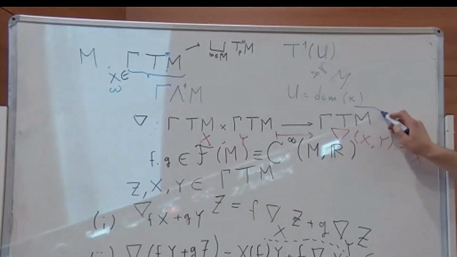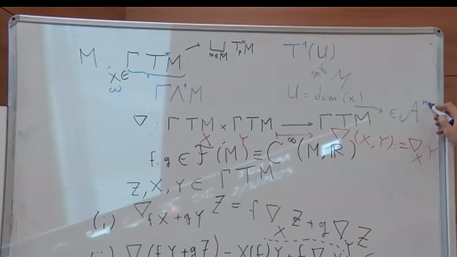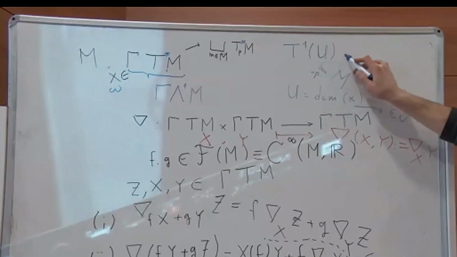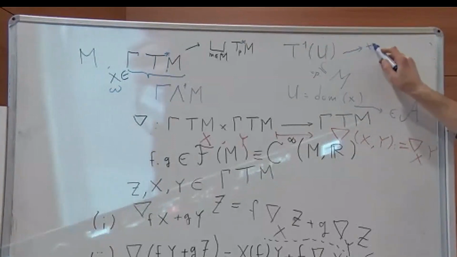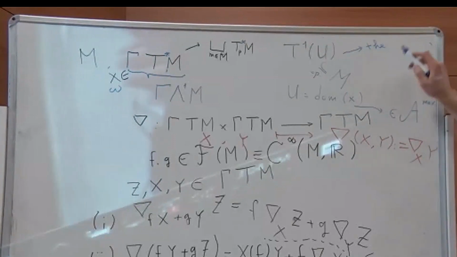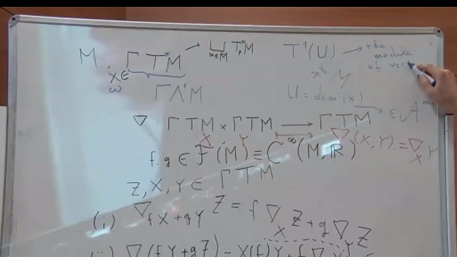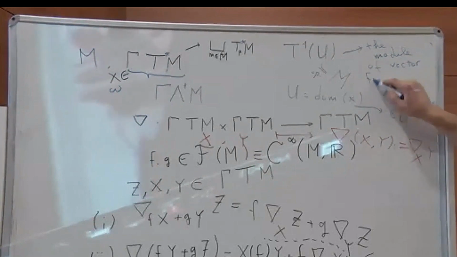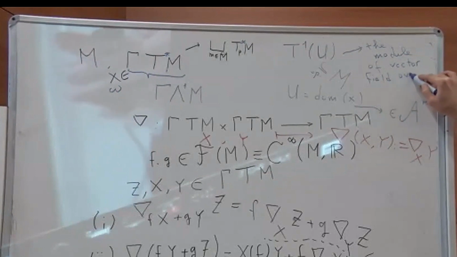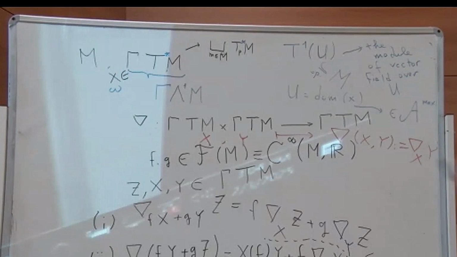This is an element of the maximal atlas. Then this is the module of vector fields over U. Okay, this is a module.